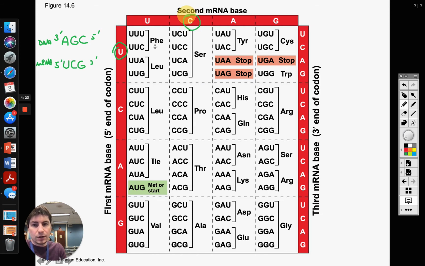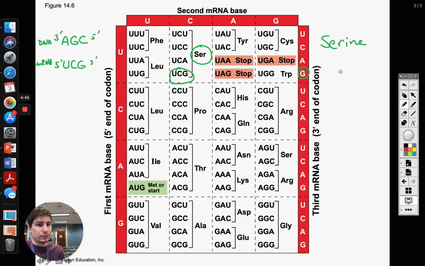So we know U is going to be in one of these 4 boxes, and the second one is C, so it's only that box there. Now our last letter is G, that's on this side, so you see G right here. Our abbreviation for the amino acid is SER, and the full amino acid name is serine.